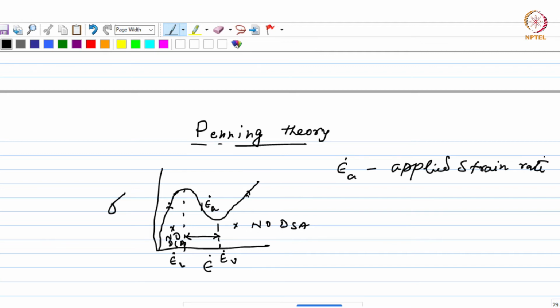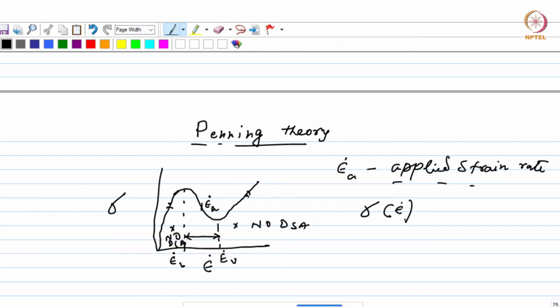So since it is within the range of strain rate in which DSA occurs, under this applied strain rate, you will see a behavior like this where the stress will decrease with increase in strain rate. Okay. So now, in order to explain that, Penning proposed this theory that the stress is dependent on the strain rate. So we can write it in this manner, right? And as the material deforms, we also know that it goes through strain hardening.